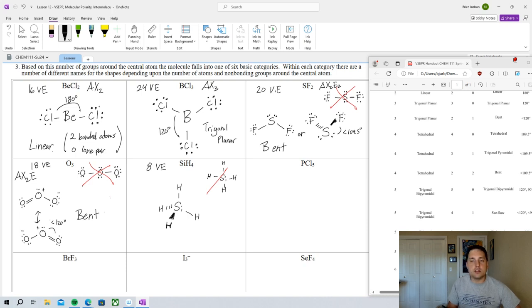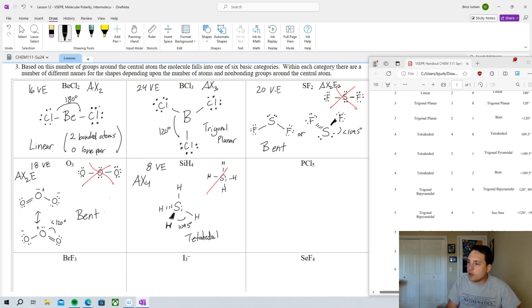This represents a 3-dimensional 109.5 degree geometry, which is tetrahedral. It takes a little bit of practice, but that's how it's typically drawn. And this is AX4 notation.